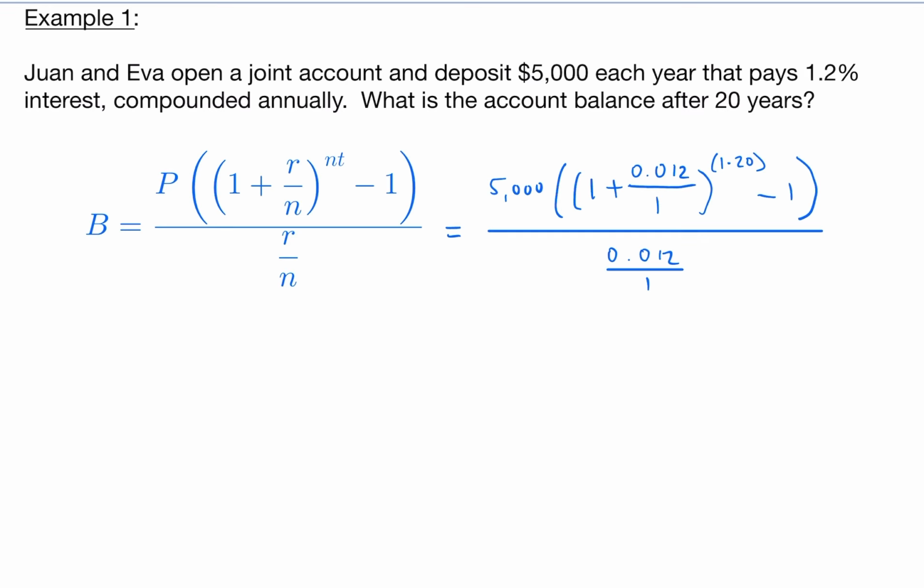And if you punch this into the calculator, you're going to get the value of $112,264.32. So that will be the ending balance after 20 years if they make a $5,000 deposit every year that pays 1.2% interest compounded annually.